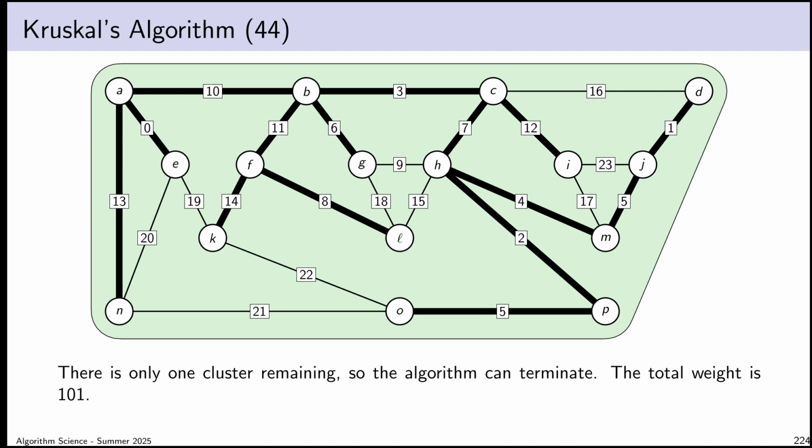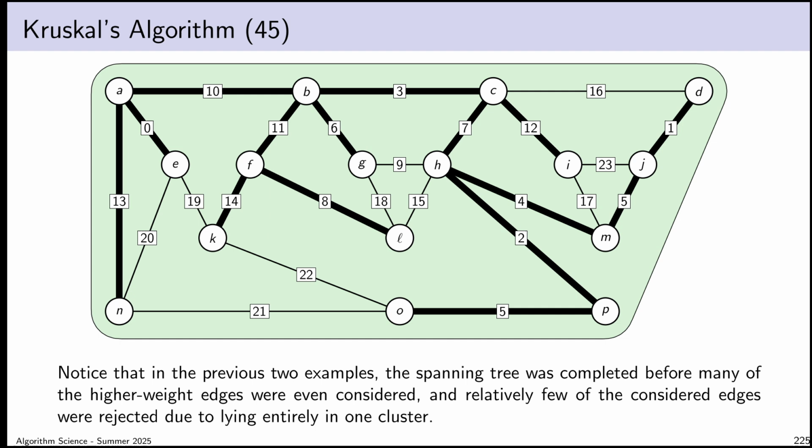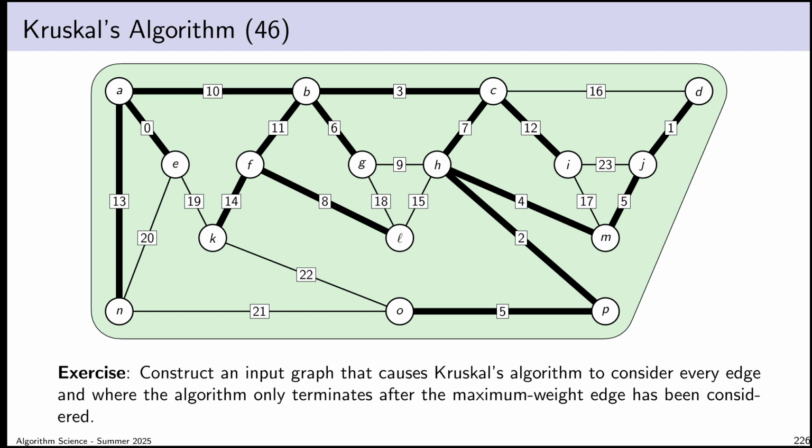Now again, that doesn't mean that that applies in every case though. So notice that in both of these examples, we completed the spanning tree before many of those higher weight edges were even considered, and relatively few were rejected due to lying only in one of the clusters. Now, that said, of course, the exercise is go construct a worst-case input.